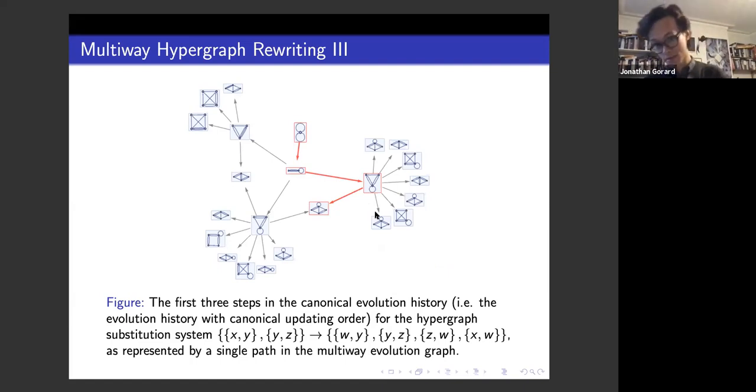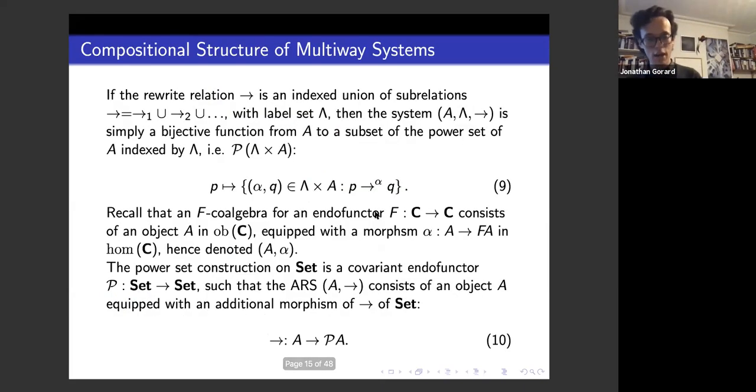And so these multi-way evolution graphs have some interesting compositional properties. At a basic level, one way that you can think about them is that each one of these multi-way systems or multi-way evolution graphs is an F coalgebra for the power set functor on the category Set. The reason for that is if we consider this rewrite relation in generality to be given by an indexed union of subrelations, then what we have is a bijective function from the set of possible hypergraphs to a subset of the power set of possible hypergraphs indexed by the set of labels.